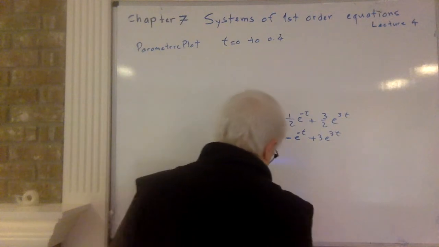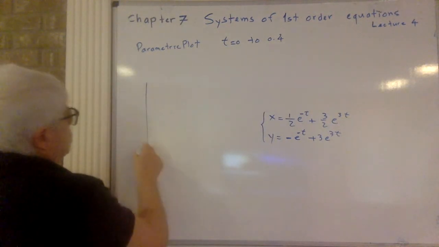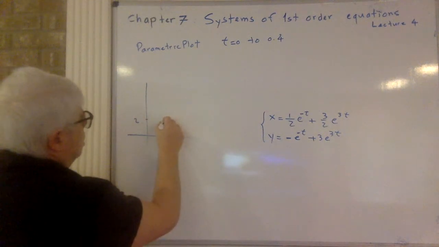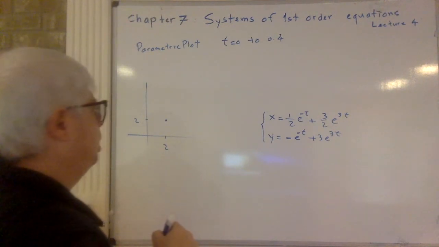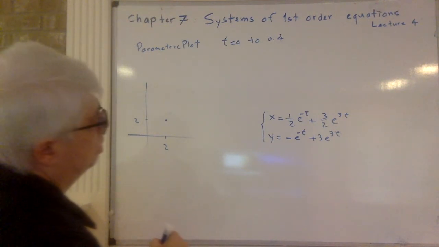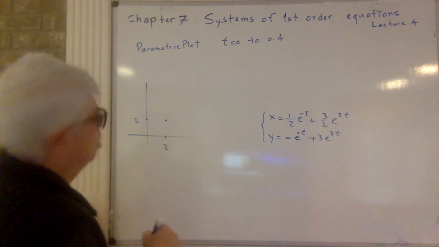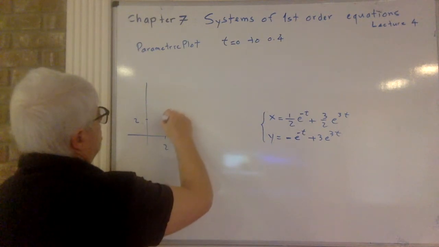You start at 2, 2, and then y over x is about 2, so you will see something like this.